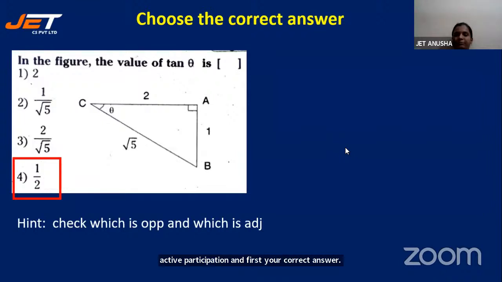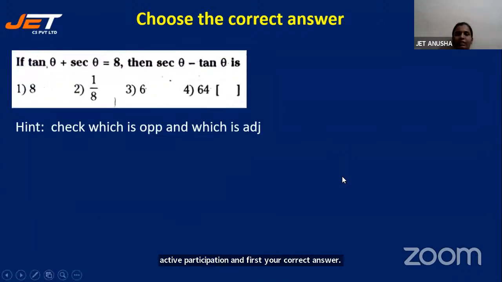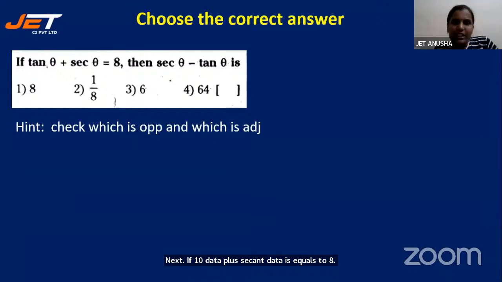So let's see. Next, if tan theta plus secant theta is equal to 8, then secant theta minus tan theta is? First option is 8, second option is 1 by 8. Third option is 6, fourth option is 60.